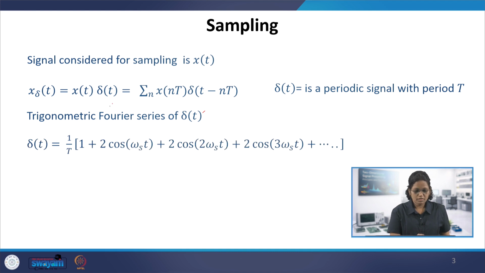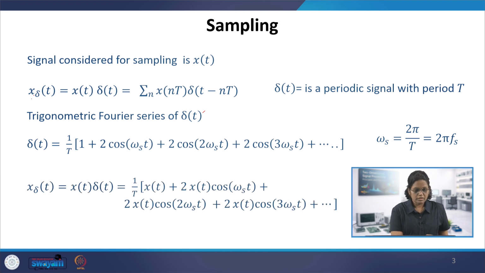If we express the trigonometric Fourier series, del of t is 1 by T into 1 plus 2 cos omega s t plus 2 cos 2 omega s t plus 2 cos 3 omega s t and so on. So it would have all the frequencies here, and the time period is T. Here omega s is 2 pi by T, which is related to the sampling frequency or the time period T used for the impulse train.